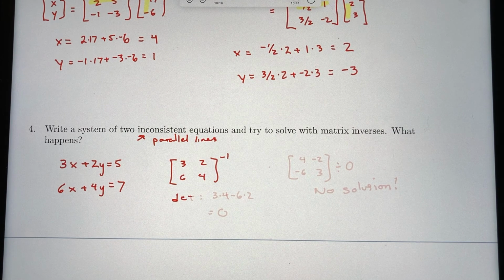The determinant is 3 times 4 minus 6 times 2. So you switch the diagonals, switch the signs on the anti-diagonals, and I have to divide by 0. You can't do it.